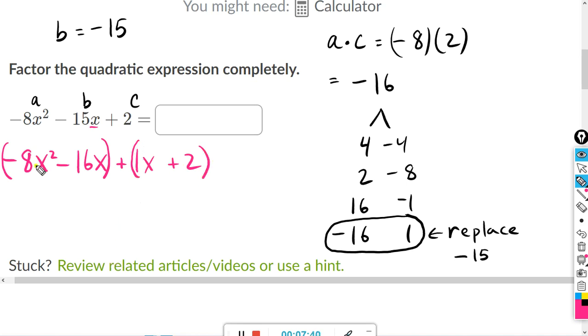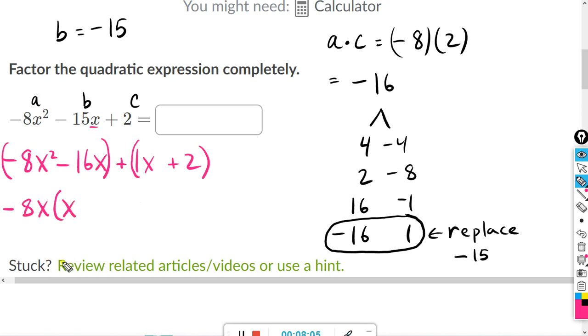All right. So out of this here, negative 16 and negative 8 are both divisible by negative 8. I'm going to factor that out. And x squared and x are both divisible by x. Okay, you choose the one with the smallest exponent, so that's just x. Negative 8x squared divided by negative 8x is just x.